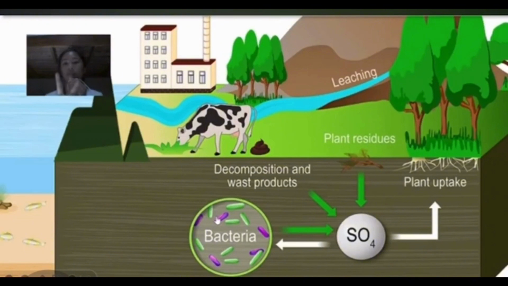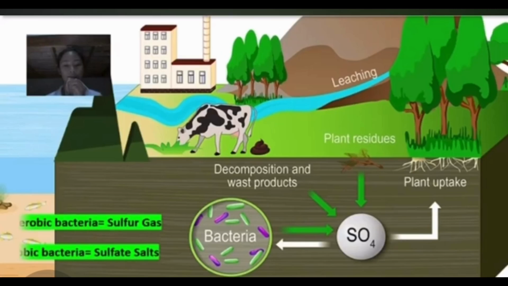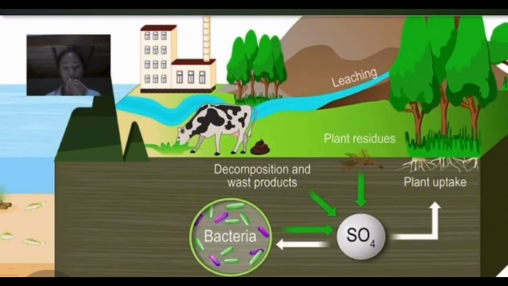There are two types of bacteria, the anaerobic bacteria and aerobic bacteria, where anaerobic bacteria break down the hydrogen sulfide into sulfur gas, and aerobic bacteria convert the sulfur into sulfate salts, which again the plants or animals take up, and like any other cycle, it just keeps going around and around. So that is the sulfur cycle.